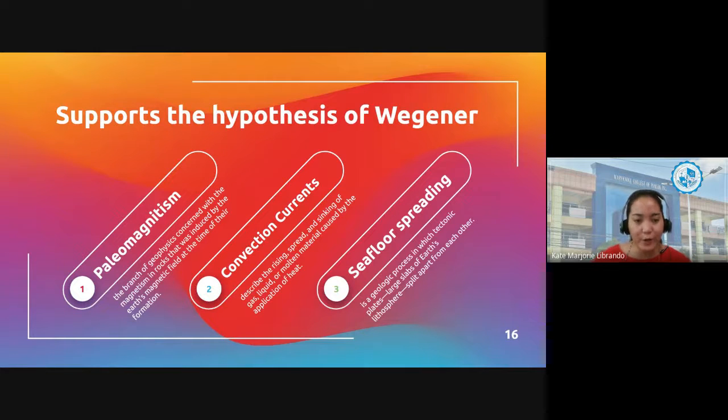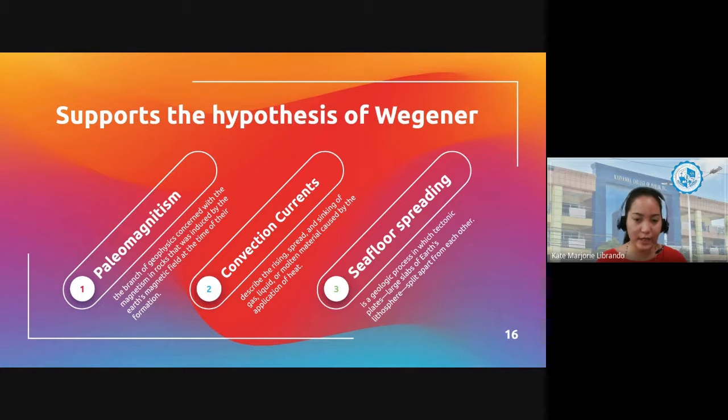We have here paleomagnetism, a branch of geophysics concerned with the magnetism in rocks, which was induced by the Earth's magnetic field at the time of their formation. The second is convection currents, the mantle convection theory that describes the rising, spreading, and sinking of gas, liquid, and molten material caused by the application of heat.